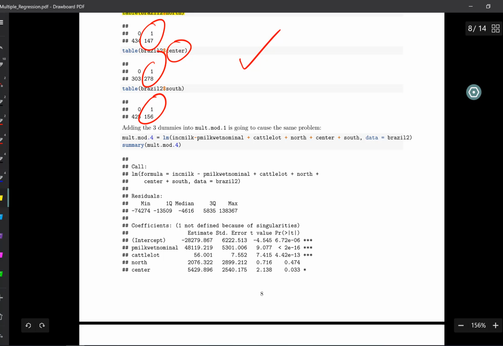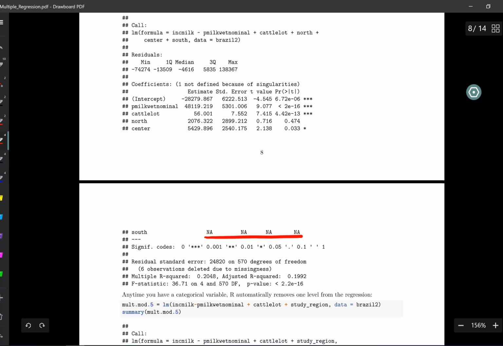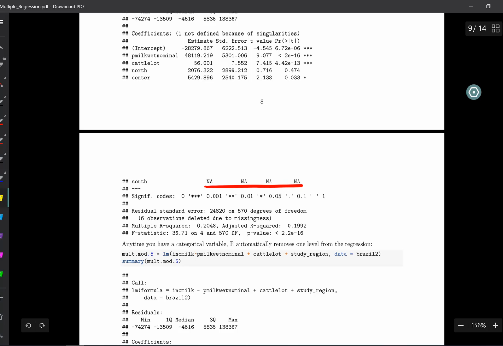Then I add the 3 dummy variables to mod1, our initial model. This is the only piece that I changed relative to mod1, and of course the name of the model. And then I look at the output, and you notice that for south, you do not get an output. It gives you NAs.